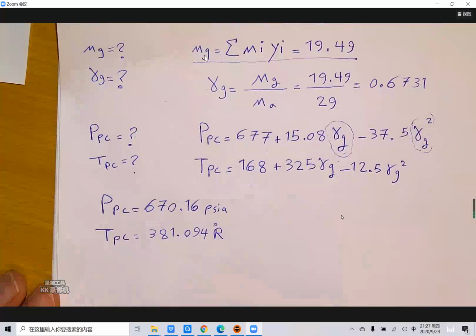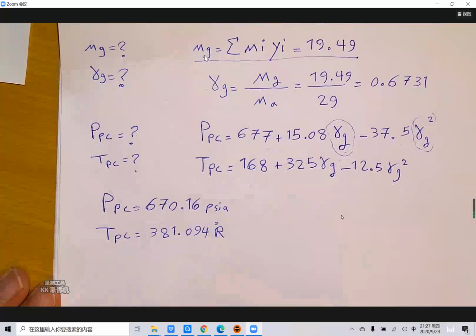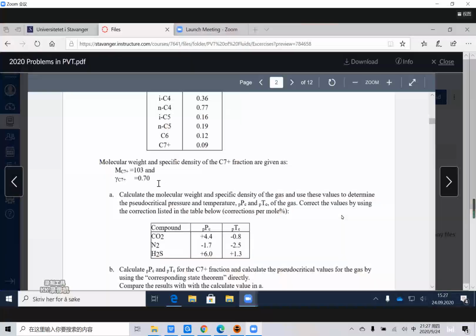And also we have to make some correction because we have CO2 and N2 in our composition.